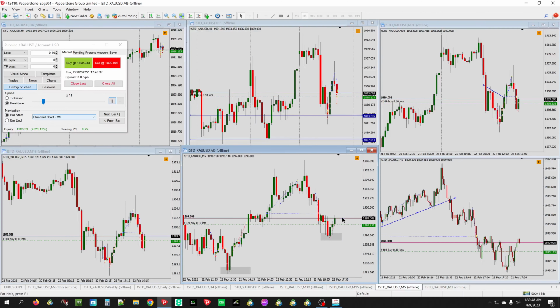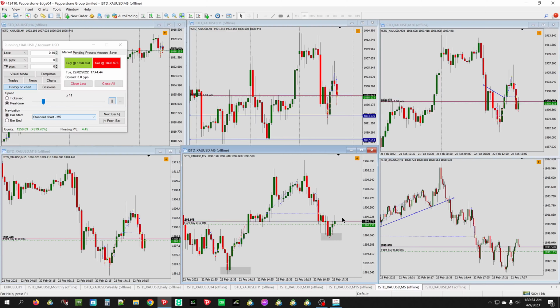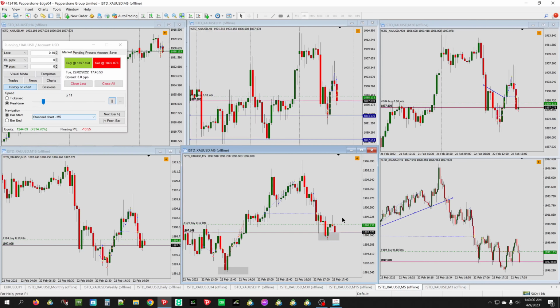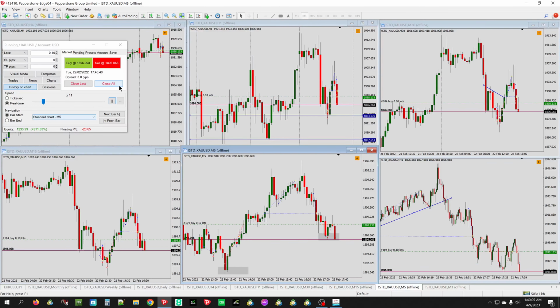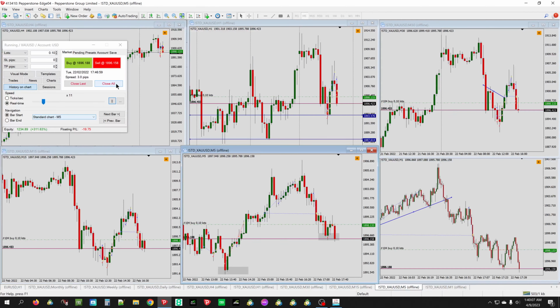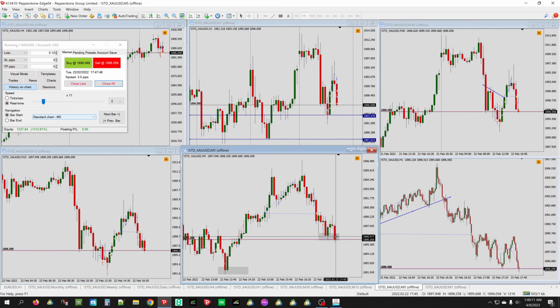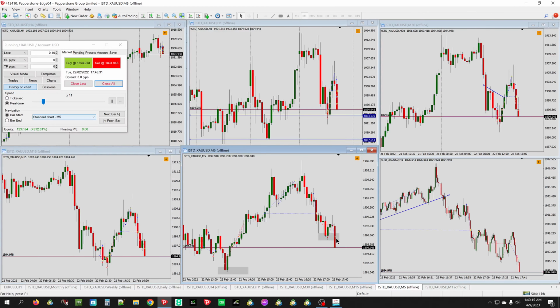Now I need to see how the H1 candle closes. If H1 candle closes bearish, I will just close these buys. I have closed these buys, the reason being we have broken below that support zone.